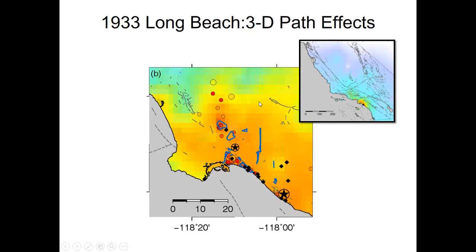So on this side, the LA basin is deeper than on the west side. The energy comes off the fault and it's channeled up into the LA basin, and that caused quite high damage. So this is a three-dimensional effect that's not described by the simple textbook site response models that I took you through.